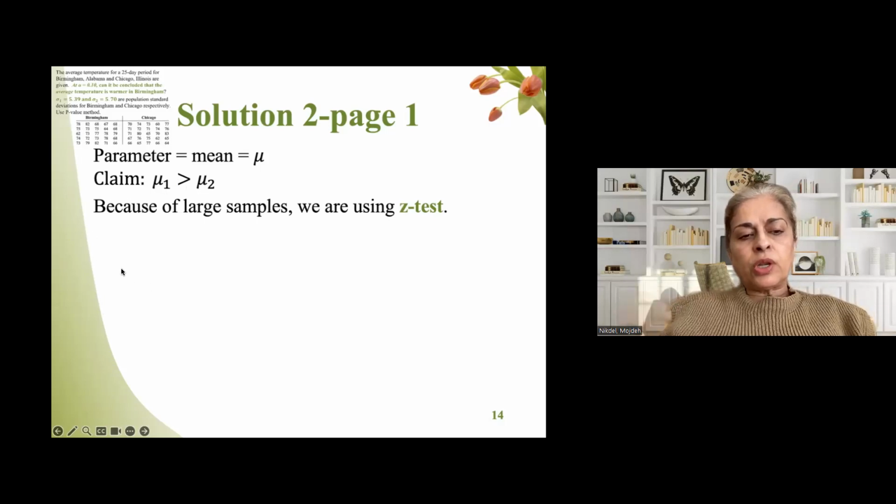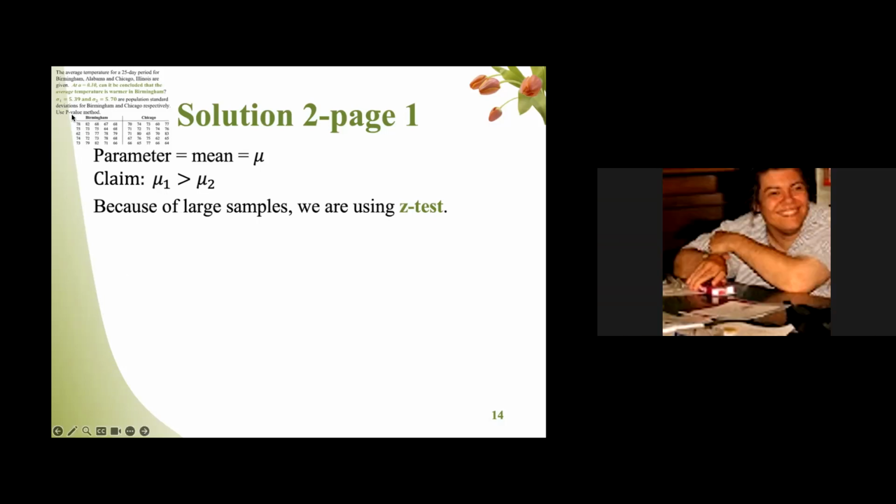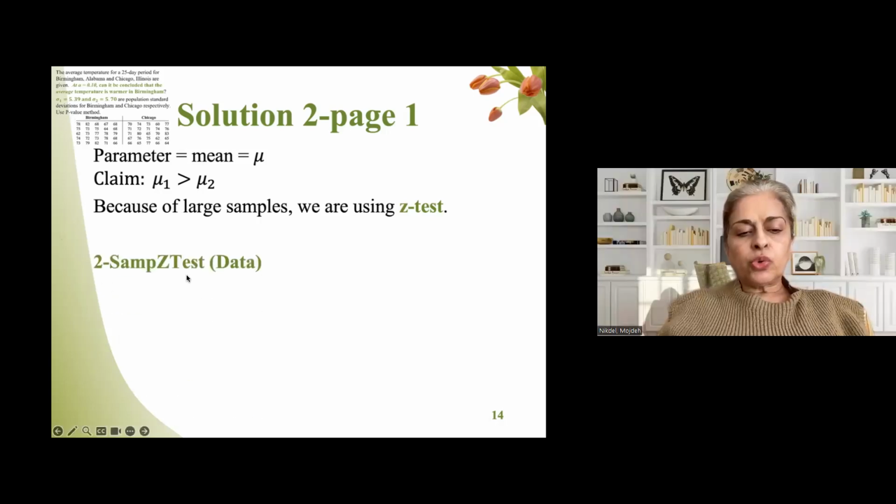We are going to use a z-test here because I have given you sigmas. Is sigma given? Yes, so we use the 2-sample z-test with data. I put my claim in H1 because my inequality symbol doesn't have an equal sign. So H1: mu1 larger than mu2, that's my claim.